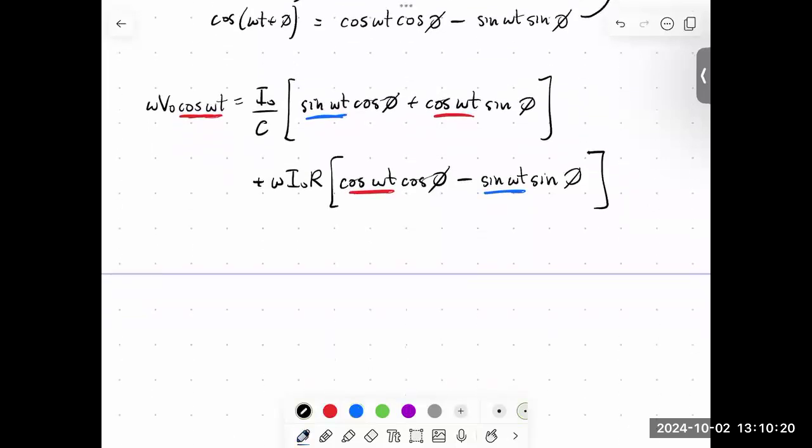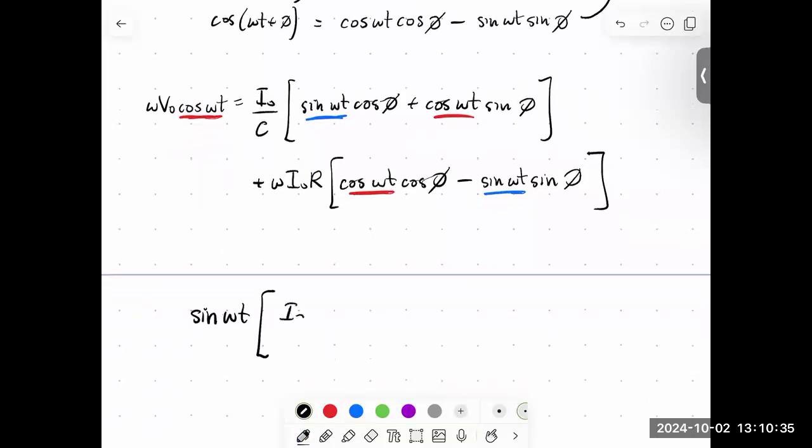We'll start with the sine omega t. So we have I naught over c cos phi, and what else do we have?